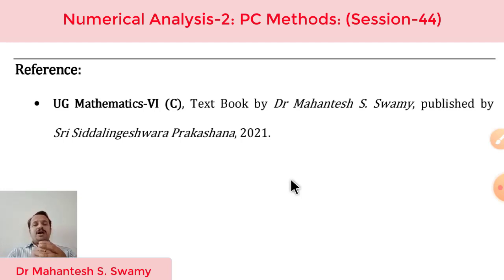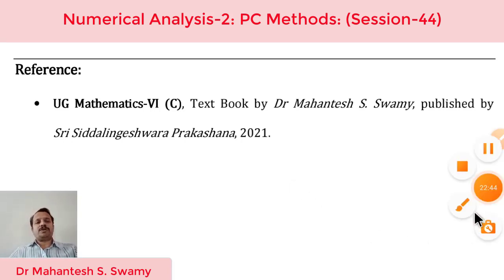That is we have corrected the values using the corrector formula, and thereby we ultimately got the corrected values of the y1, and when two corrected values of y1 are same up to the desired decimal places, we are advised to stop the process, and then after stopping we got the required result. So I hope you have enjoyed solution of this initial value problem using the Adams-Bashforth predictor corrector method.